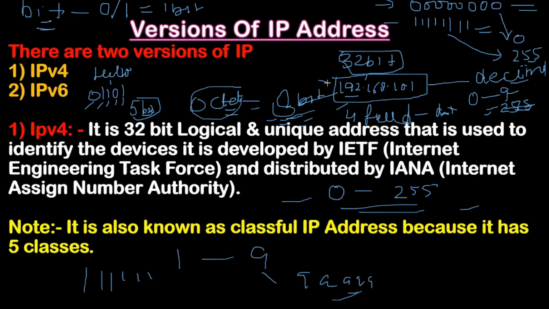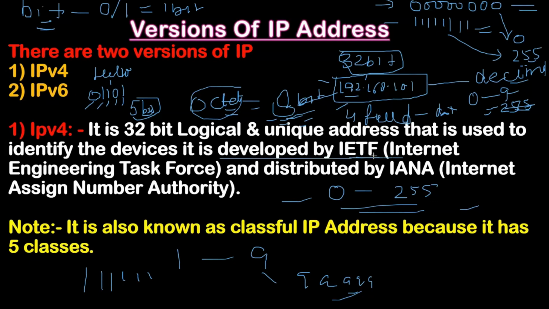Till here, is that clear for everyone? So we have discussed that. Here we have the value coming from 0 to 255, minimum to maximum. After that, IANA has the responsibility to distribute the IP address. Right? Here, if you see, IETF developed the IP address.